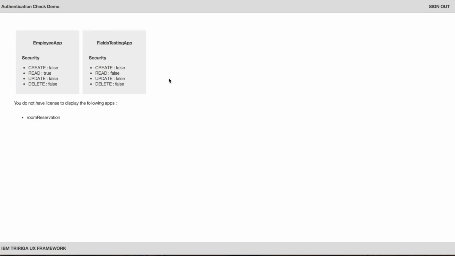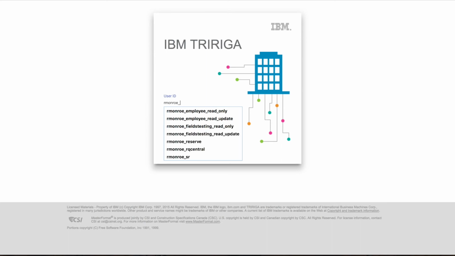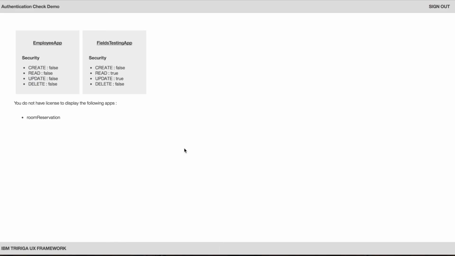You see, there is no room reservation square. And also you can see a message here saying you do not have license to display the following apps. In this case, the room reservation app. Let's try again with a different user. Again, no room reservation square and the same message.